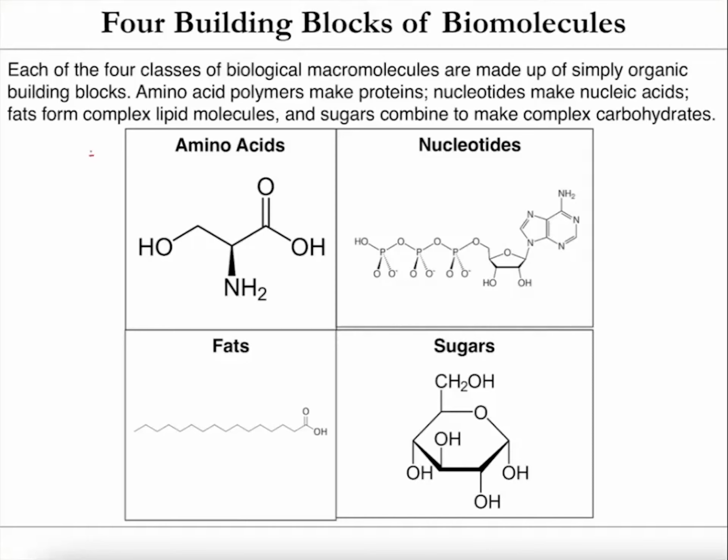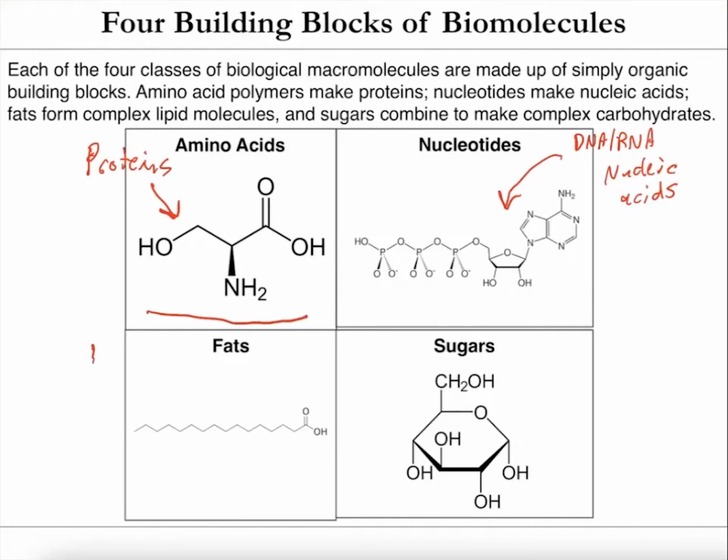Proteins are made up of polymers of these chemicals called amino acids. Nucleic acids like DNA and RNA are going to be made up of polymers of this type of chemical right here, which is called a nucleotide.